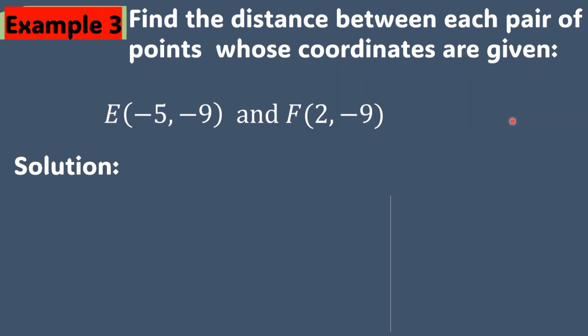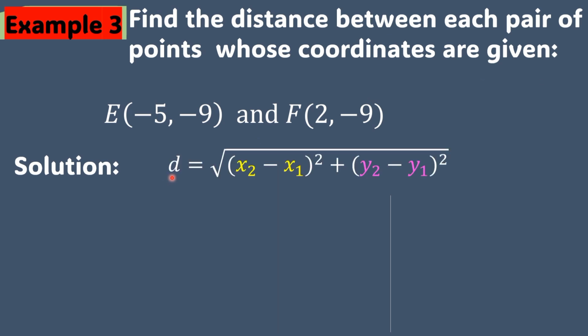Next example, find the distance between each pair of points whose coordinates are given. Using the distance formula, assigning 2, negative 9 as x sub 1, y sub 1, and these coordinates as x sub 2, y sub 2, substituting the given.